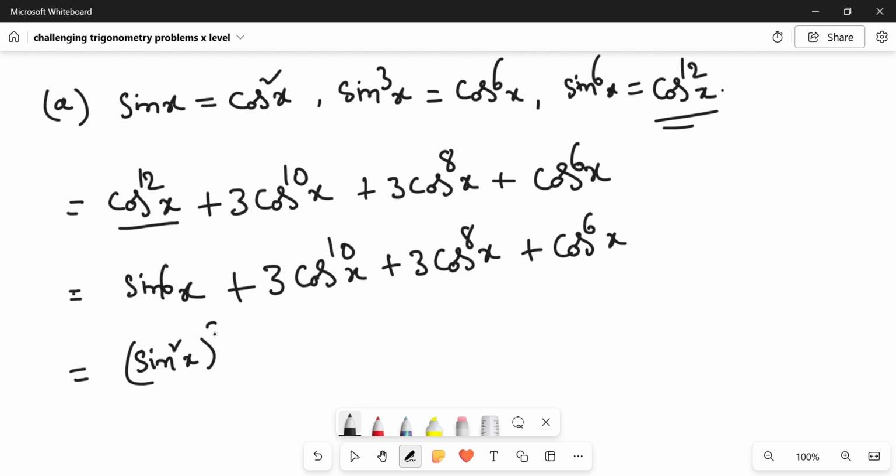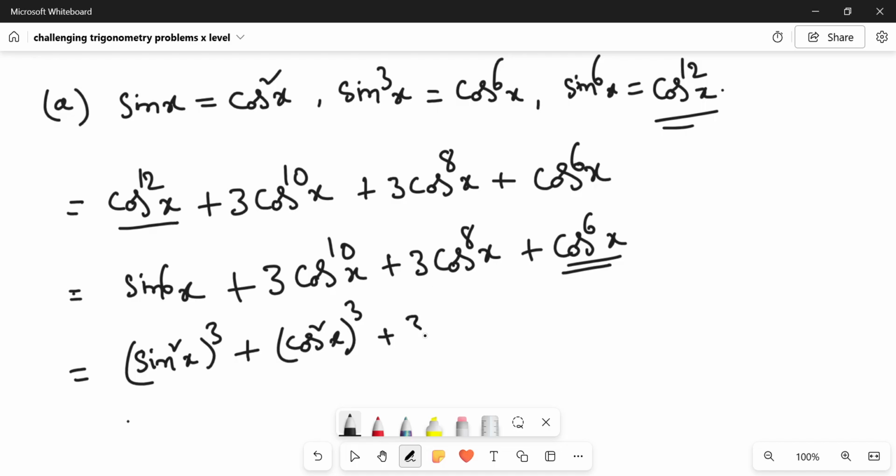First part, this is like a cube plus b cube. B cube is here, cos square x whole cube, that is cos power 6x. And now the other stuff is like 3ab times a plus b, which you have to somehow bring.